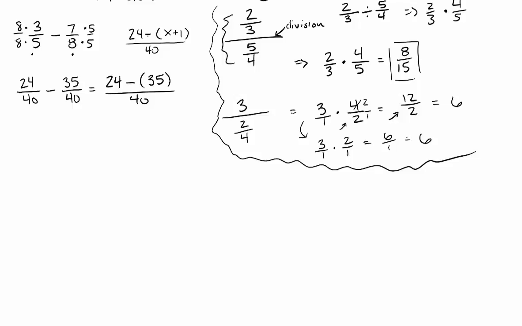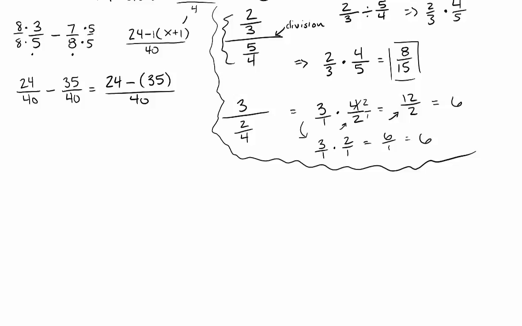It's important that we put the parentheses because we need to distribute that negative, right? So this would actually become 24 minus x minus 1 when we distribute that negative 1, all over 40. And that's very different than saying 24 minus x plus 1, which a lot of people use.